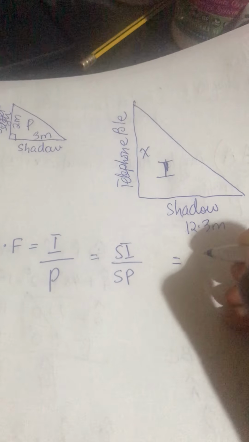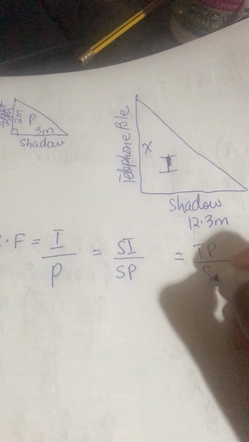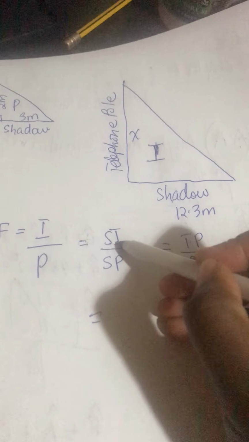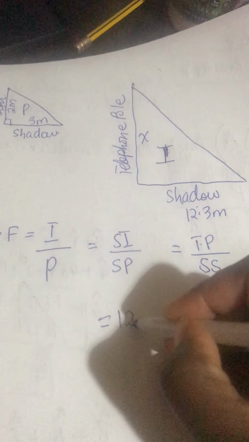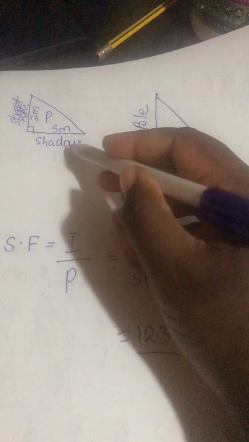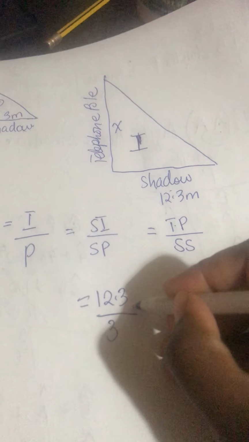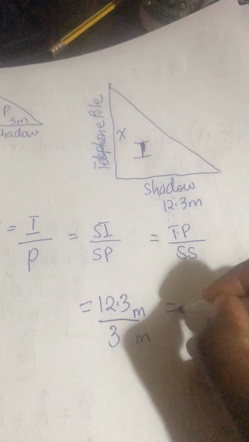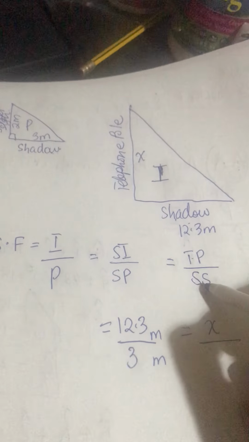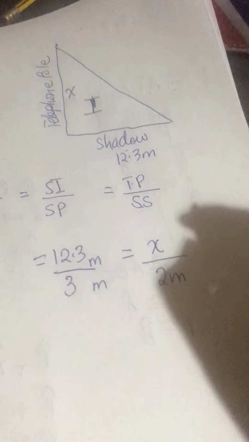Should equal telephone pole over street sign. Okay? Shadow I is 12.3. Shadow for the sign is 3. You can put your units. Telephone pole is X. I don't know it. And the street sign is 2 meters. I want to find X.